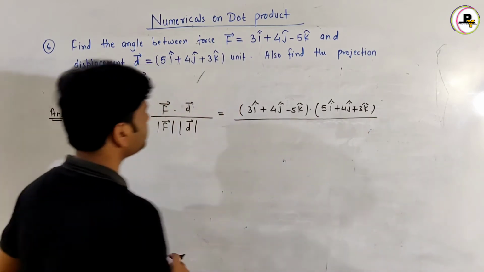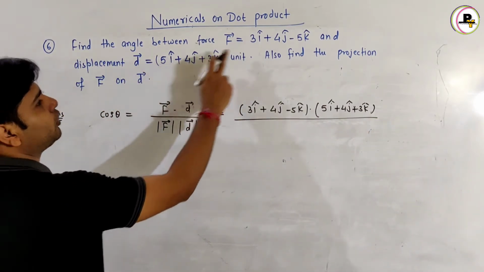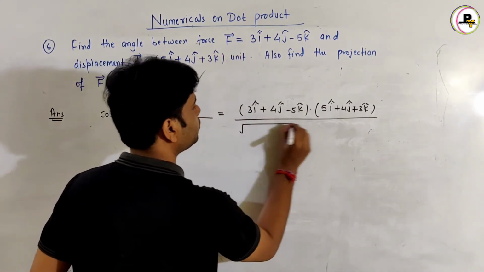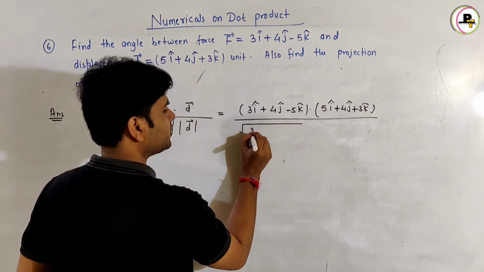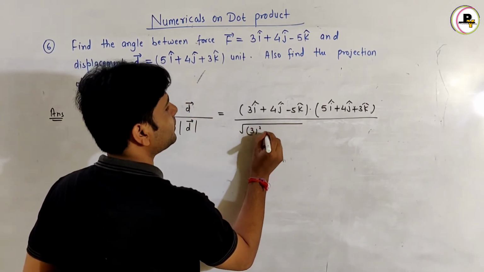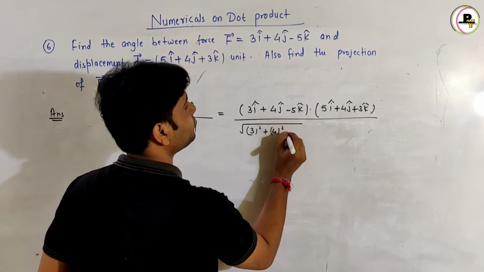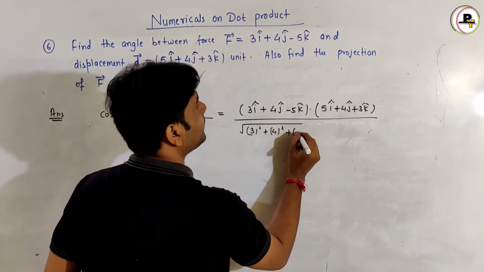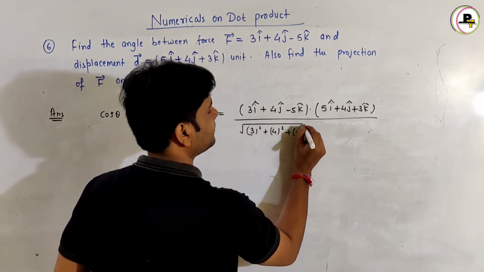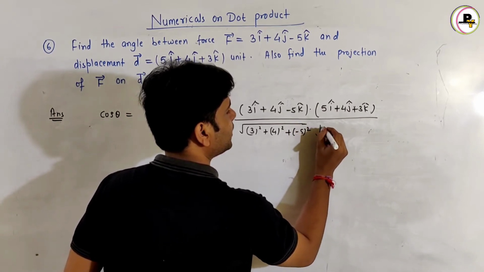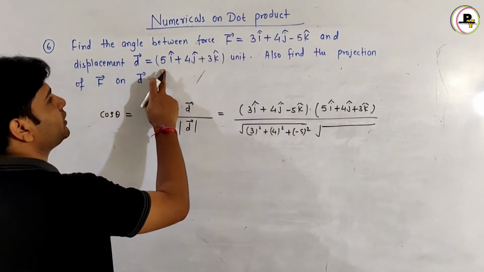divided by mod of f vector. So mod of f vector is what? It is square root of 3 the whole square plus 4 the whole square plus square of minus 5 into square root of, what is mod of d vector?